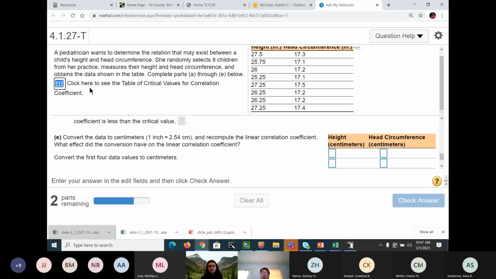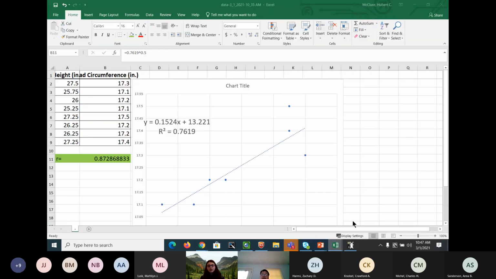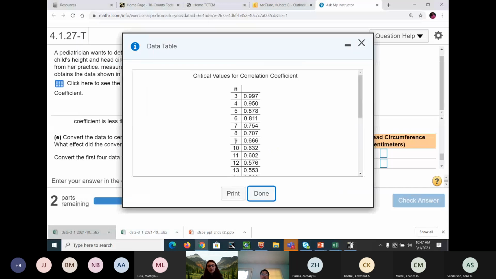Okay, how many points do you have on your graph? 1, 2, 3, 4, 8. So you go to your critical value and you look under 8. That's what I did, and I put it in, and it's wrong. All of those are going to be right. 0.707.